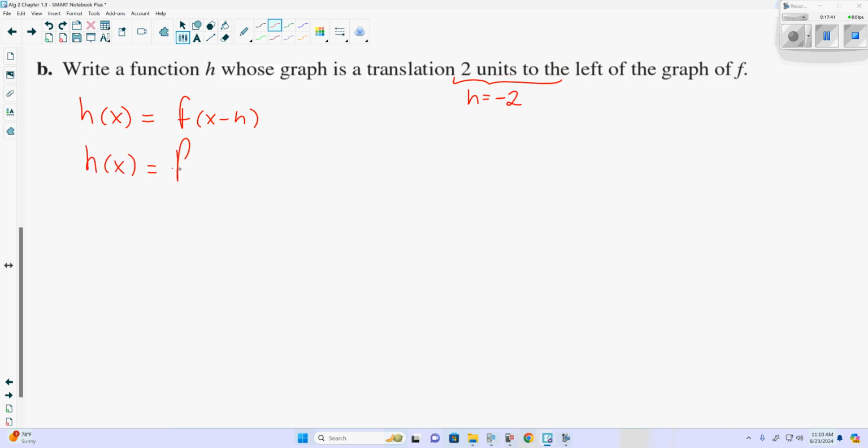for its value. So inside the parentheses, we now have x minus negative 2, yes? Do we ever leave it as a minus a negative?